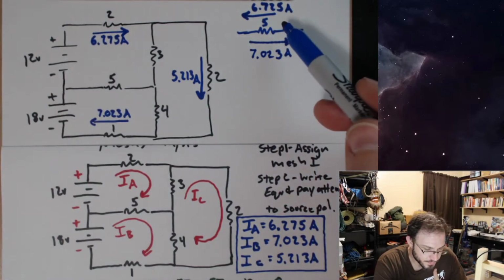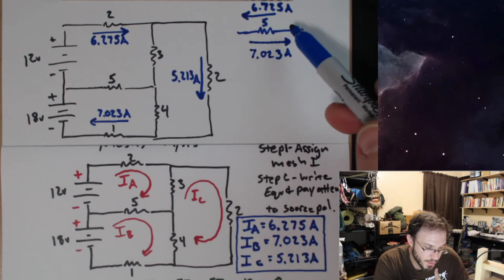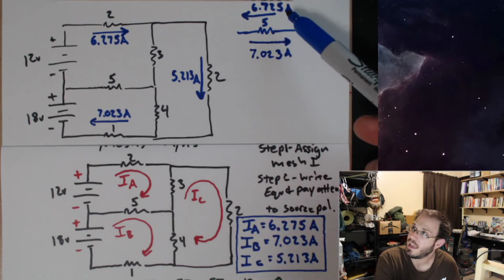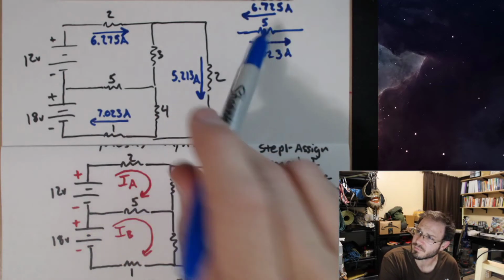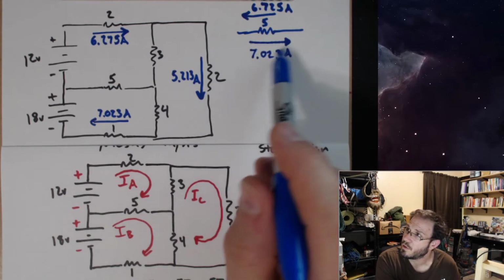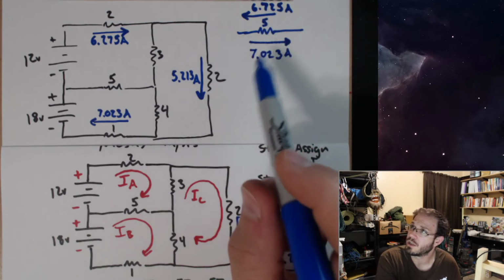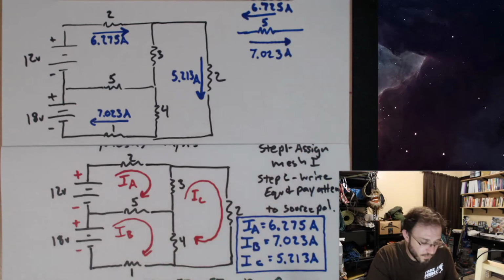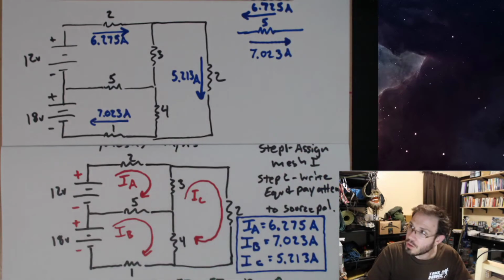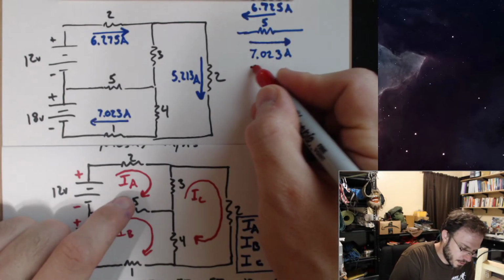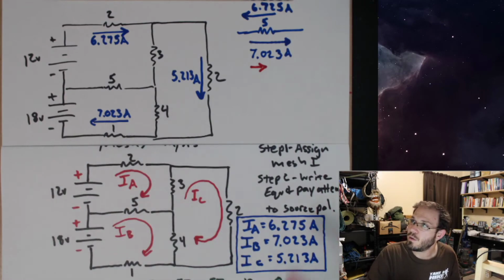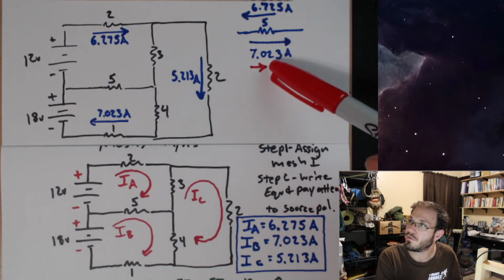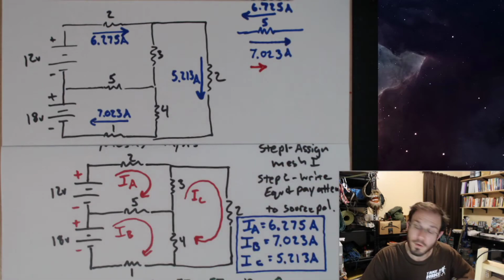Okay. Now, notice we have 6.275 amps going to the left and 7.023 amps going to the right. The one going to the right, the 7.023, is larger than 6.275. So our result when applying superposition is going to be to the right, and we can just subtract the 6.275 from the 7.023.